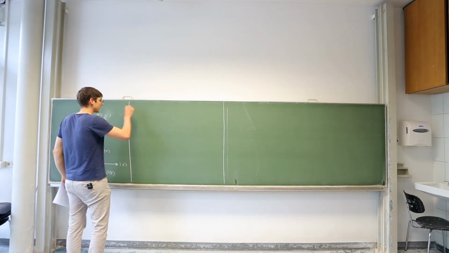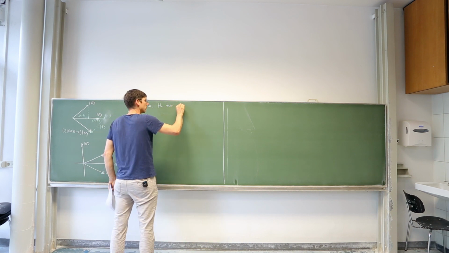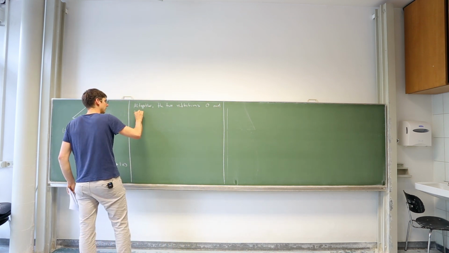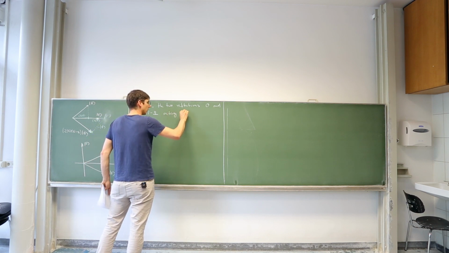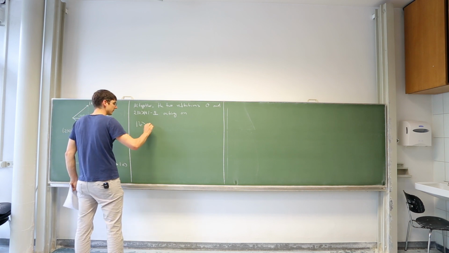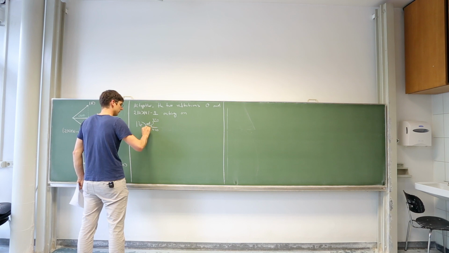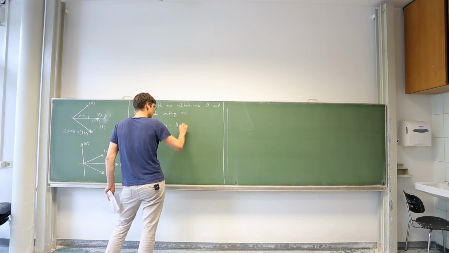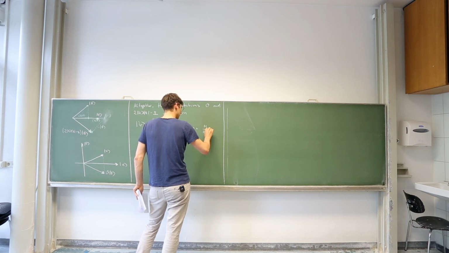And so altogether, the two reflections O and this 2 times projector on |ψ⟩ minus identity acting on this state |ψ⟩, which is this coherent superposition of all basis states, with the factor 1 over square root of 2^n, and this we can write as square root of (N minus M) divided by N times |α⟩ plus square root of M divided by N times |β⟩.